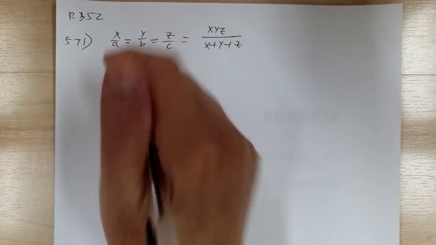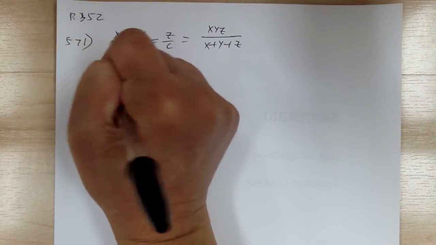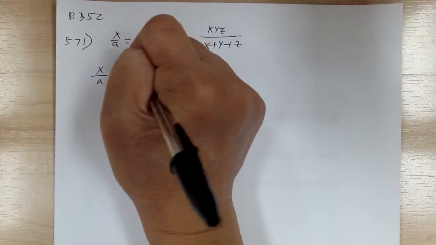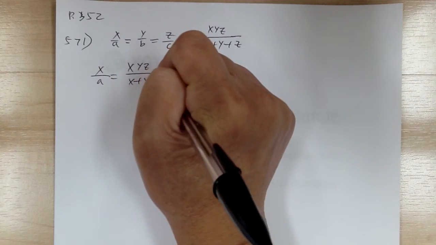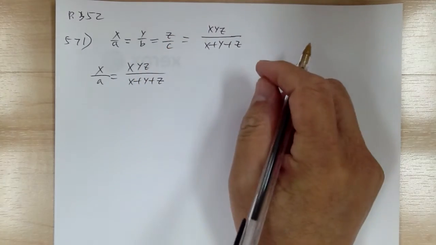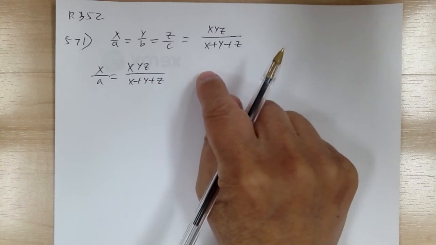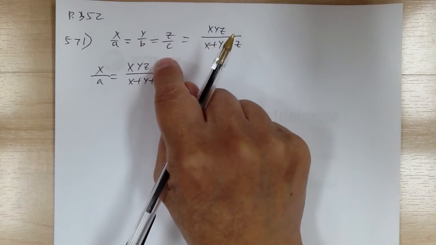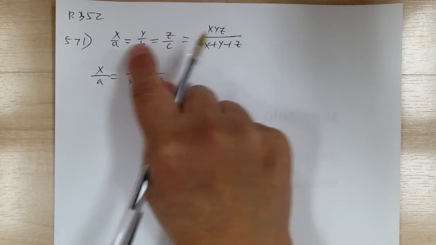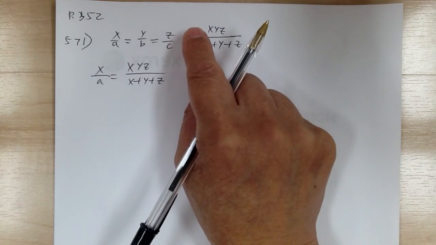I'm going to pair this with that. So x over a equals xyz over x plus y plus z. And then I'm going to separate this and use this pair over here.